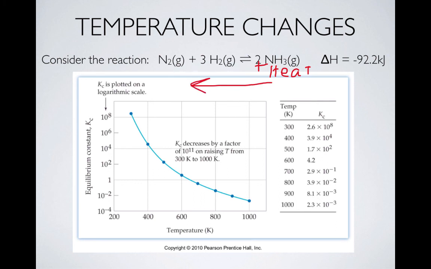So at equilibrium at higher temperatures, we have more reactant than product, and that results in a lower equilibrium constant. And we see that with these values here in this table. As the temperature goes up, the equilibrium is shifting more and more towards the reactants because we treat heat as a product because we have a negative delta H.